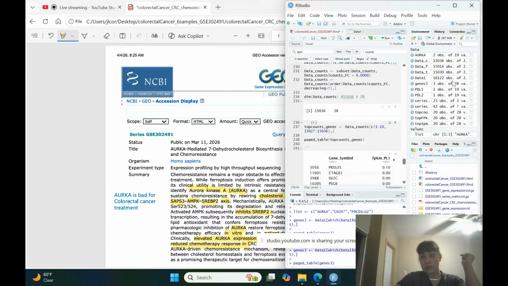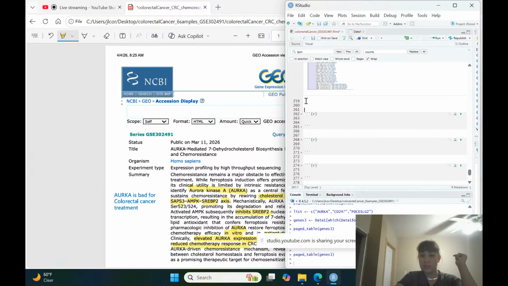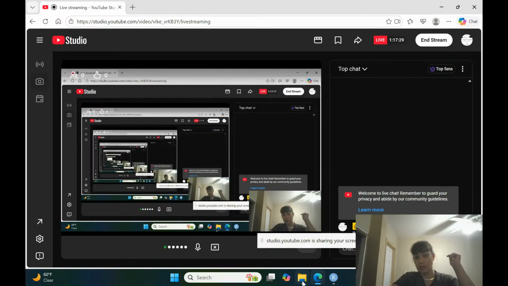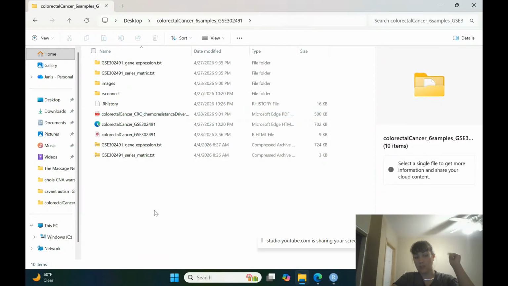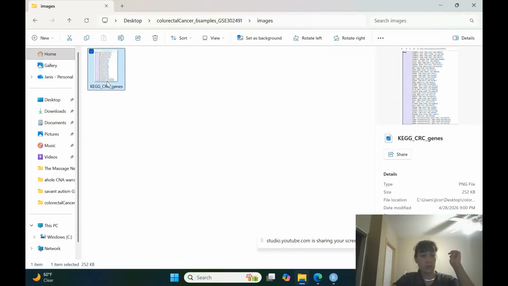I'm going to go ahead and move that. And then we just want some of these genes so we can make a list and see what happens when they knock out. We'll go ahead and save this and close this file. We're going to go to the images and open this.